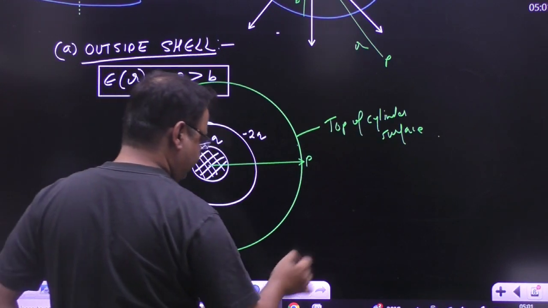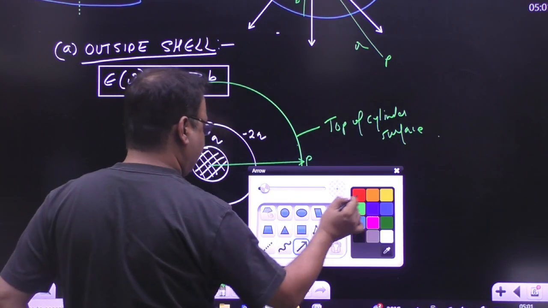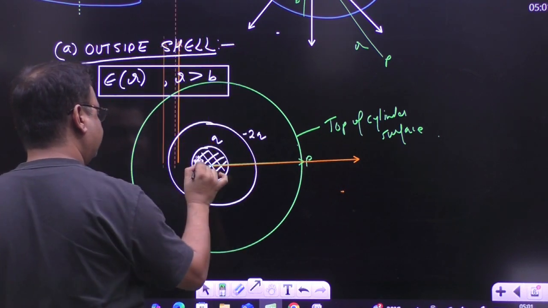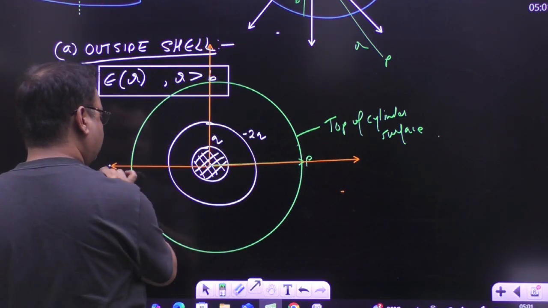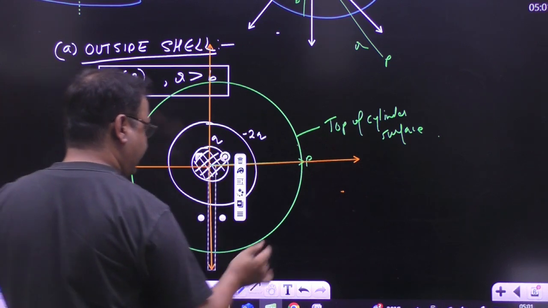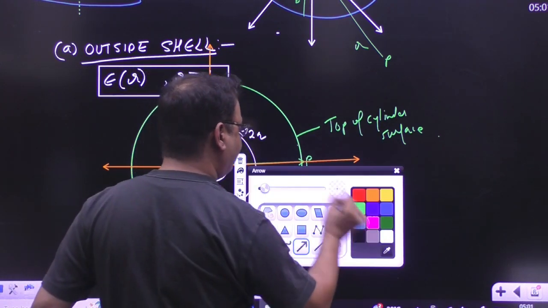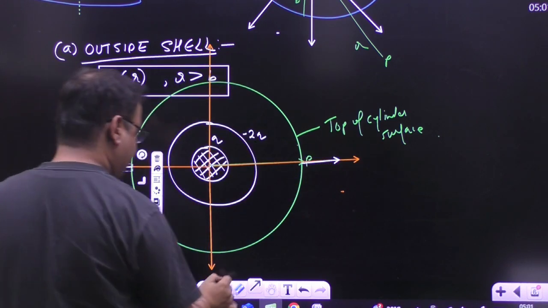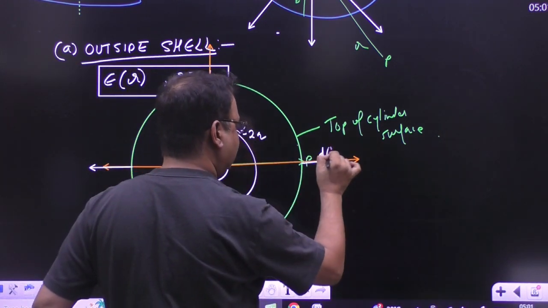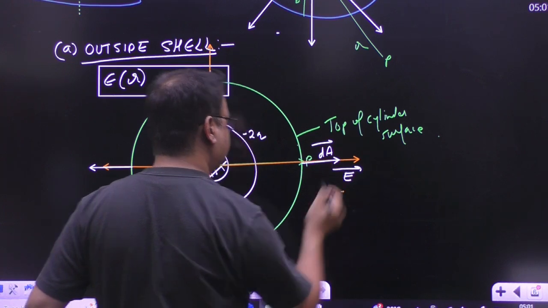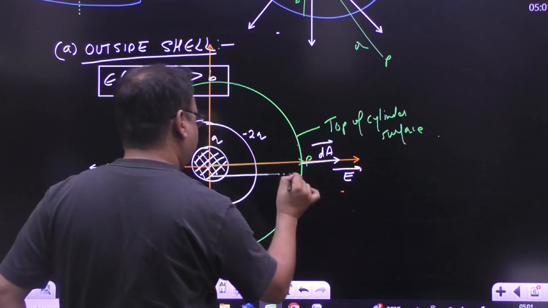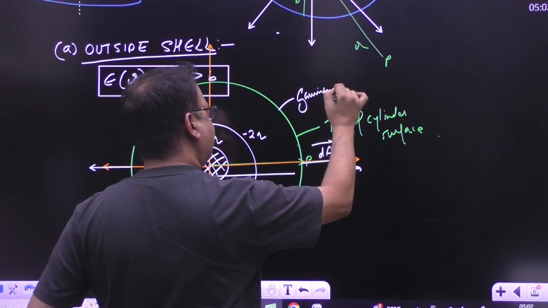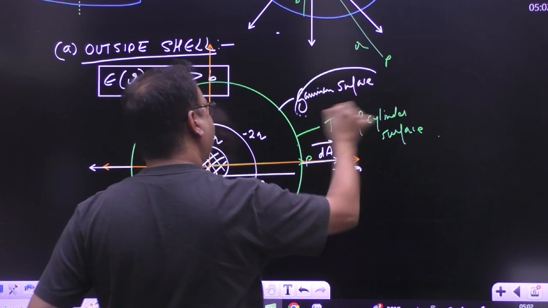The field would have cylindrical symmetry, so the field would be like this, and your area vector dA will be outward. We know in cylindrical symmetry dA and E have the same direction. That is your Gaussian surface, correct?